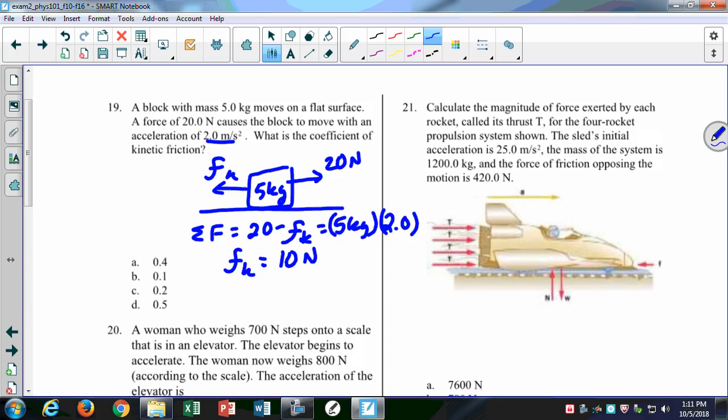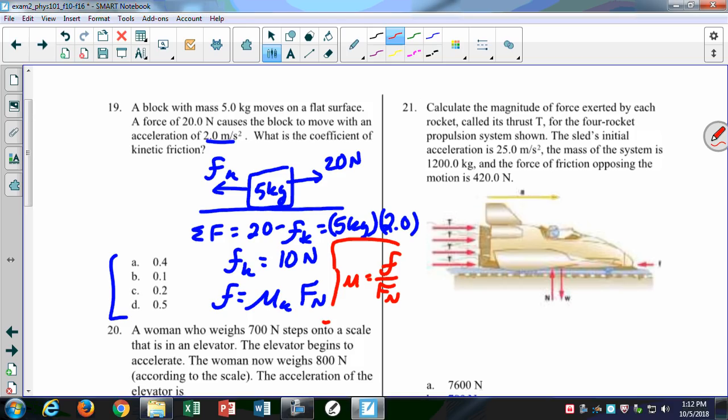Now, that's not the answer, right? In fact, 10 is not over here. I'm looking for the coefficient. And I know that Fk is mu times the normal force. So mu is equal to Fk over Fn.